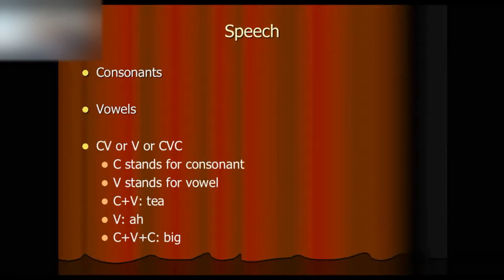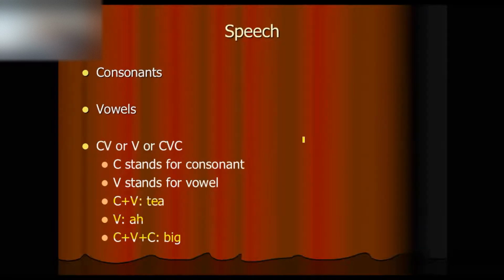C stands for consonant, V stands for vowel. For example, C plus V, T, or just vowel, ah, or CVC, big.